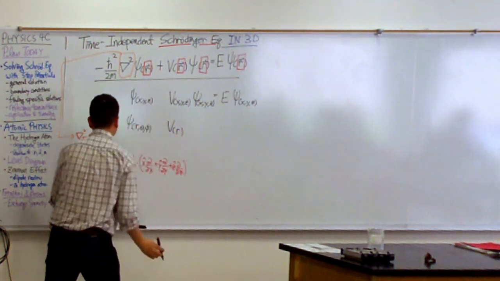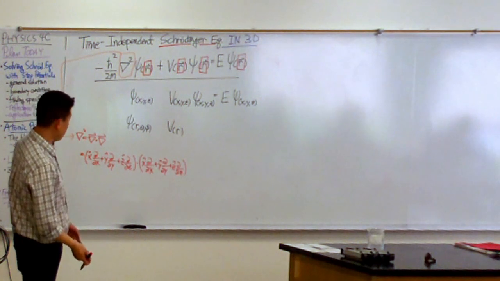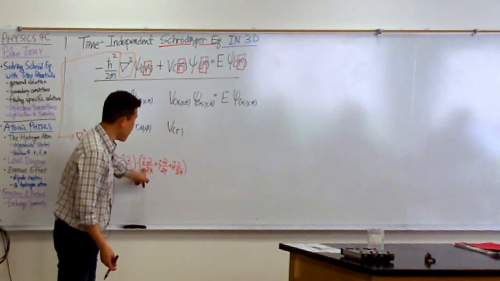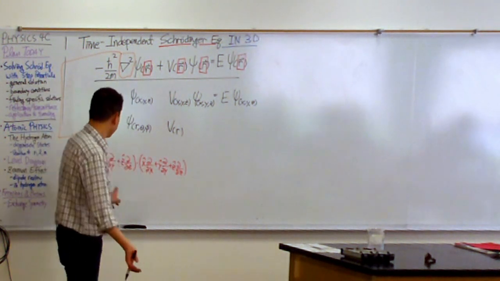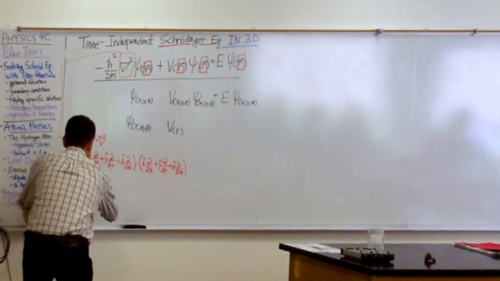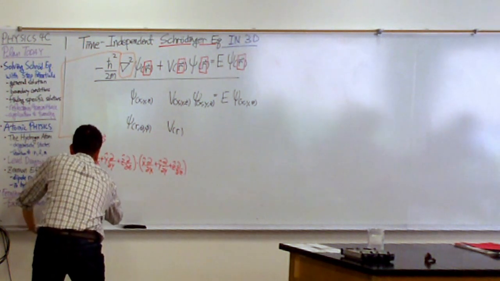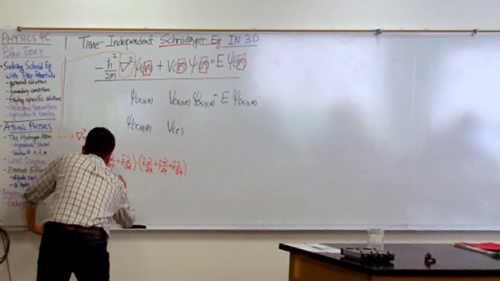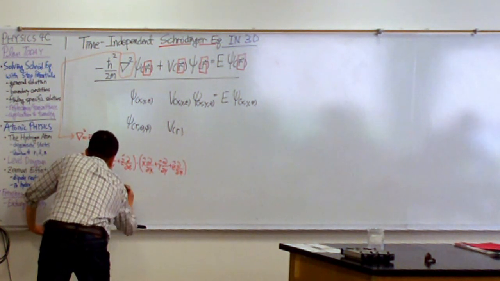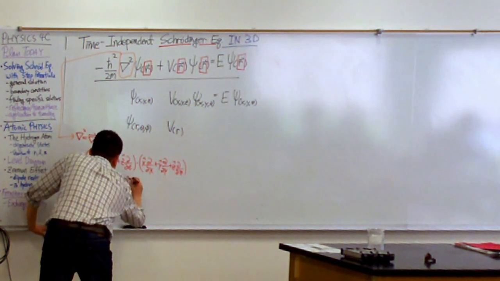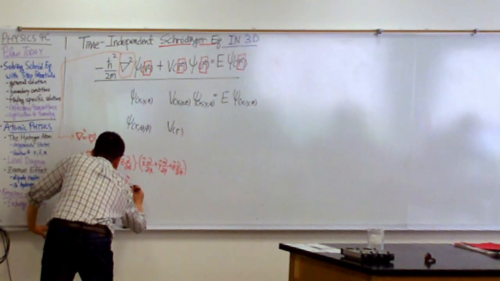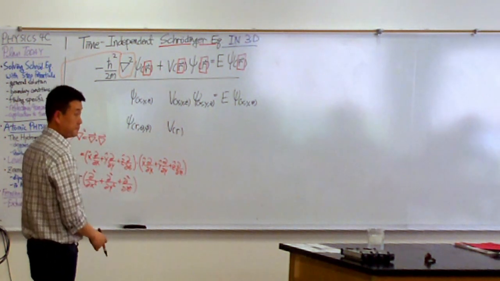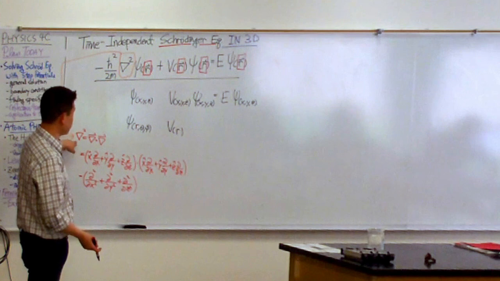When you take the dot product, it becomes a little bit simpler, because only x hat dot x hat is not 0, it's 1. So I get the double partial derivative with respect to x, plus the double partial derivative with respect to y, plus the double partial derivative with respect to z. So this is what the Laplacian is.